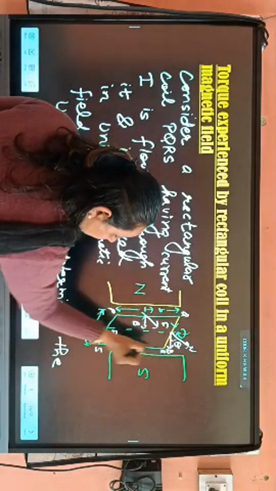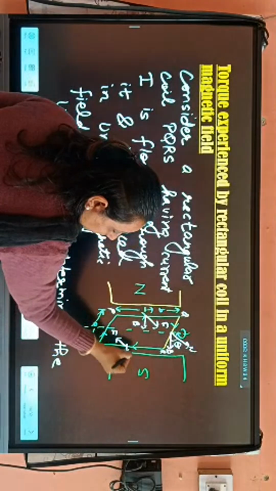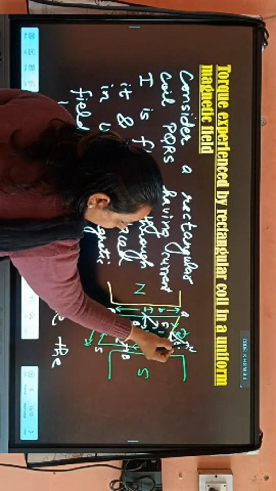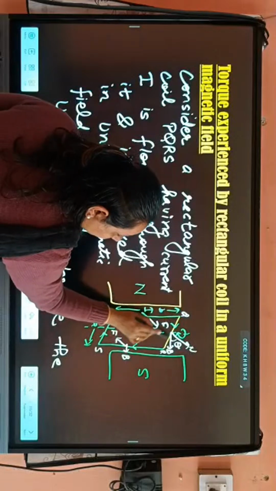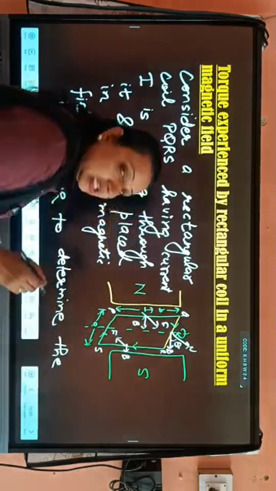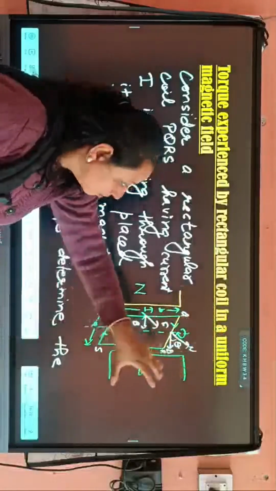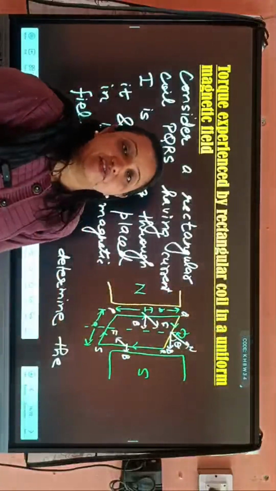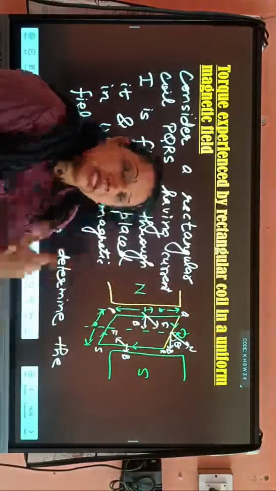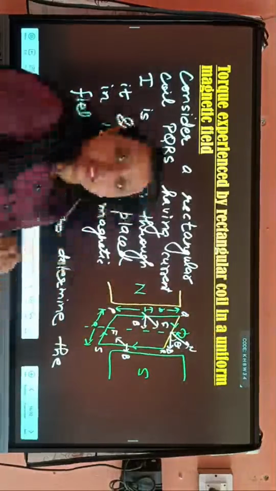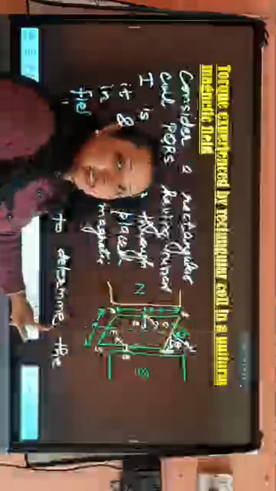And through this side, it is acting downwards. And on these other two sides, QR and RS, the forces are acting in opposite directions. The magnitude is F is equal to ILB sin theta in one conductor.